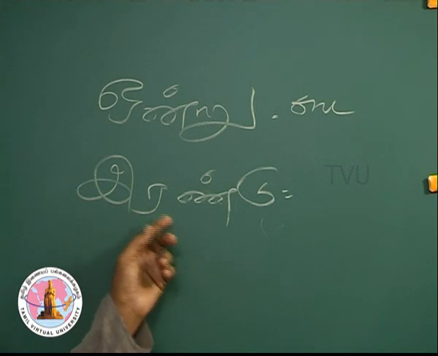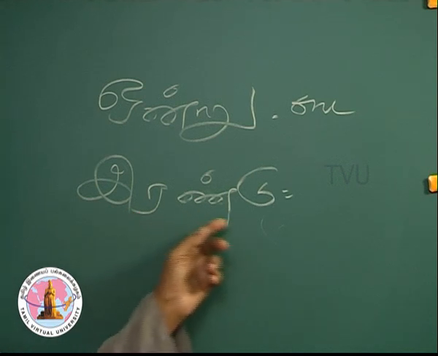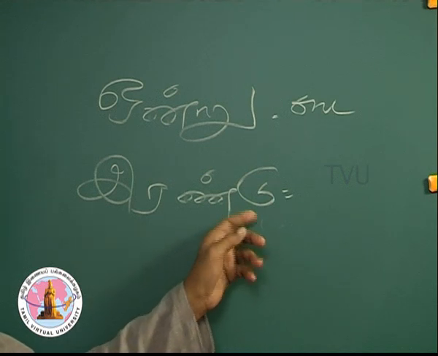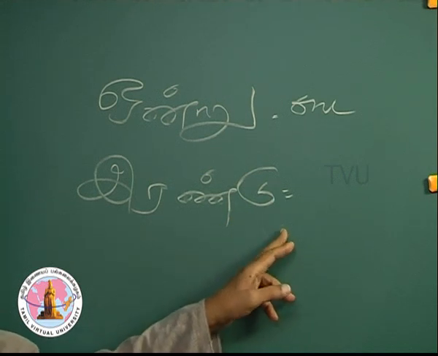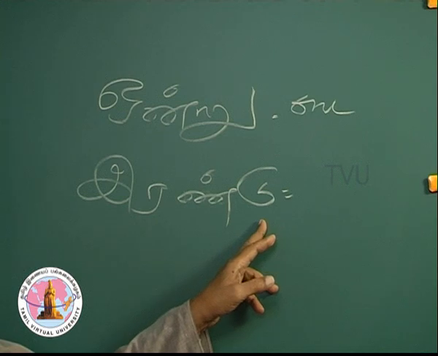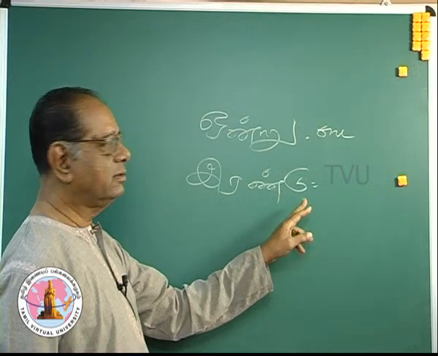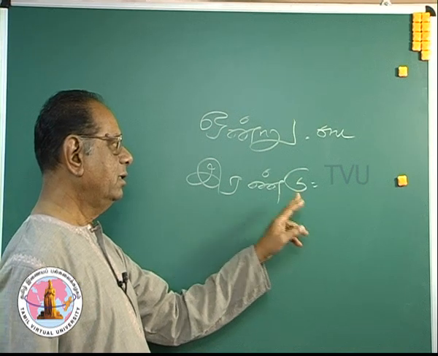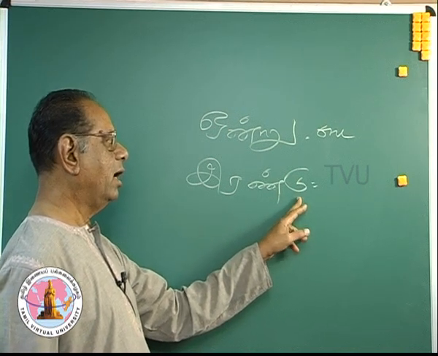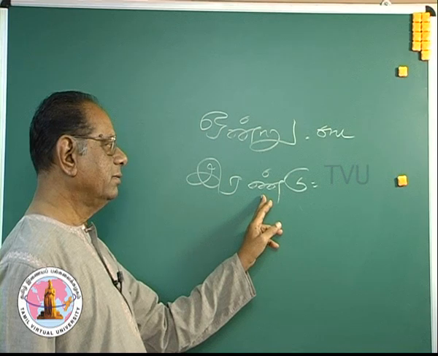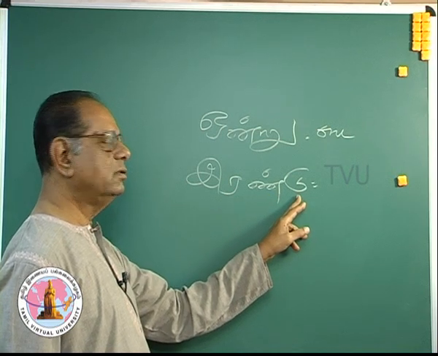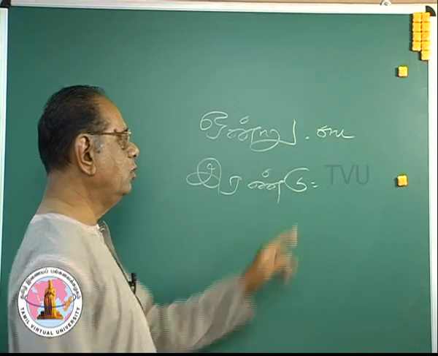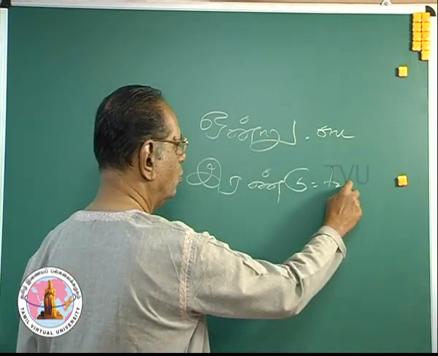Irandu. Now you have to remember the rule that a plosive assumes a soft sound after a nasal. That is why this ta becomes da. This is a nasal and so this is pronounced as du. Irandu, two.